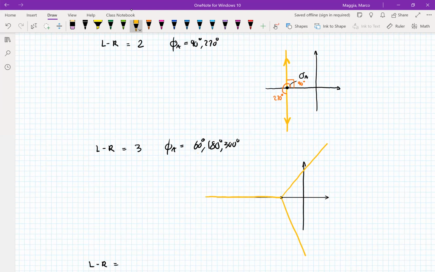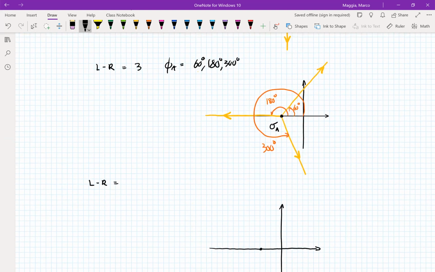So they look like so. And remember that the asymptotes do not necessarily belong to the root locus. So for 3 here, we have 60, 180, and 300 degrees. See, there's always symmetry with respect to the real axis.